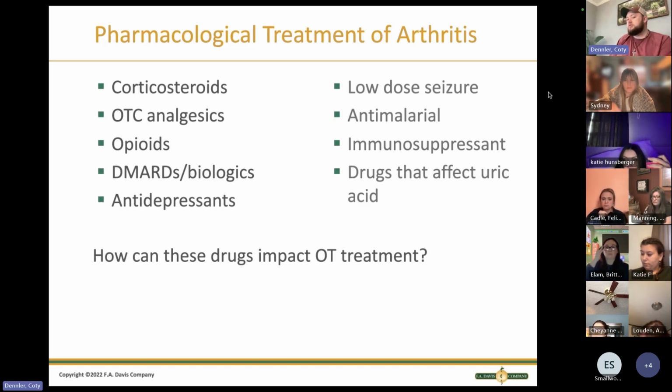Now, these drugs can affect OT treatment a little bit depending on some of the side effects that come along with them. Basically, this is just a good rule of thumb. If you have a patient who has a random symptom after they started taking a medication, look into the side effects of medications and then maybe report it to the OT or the doctor.